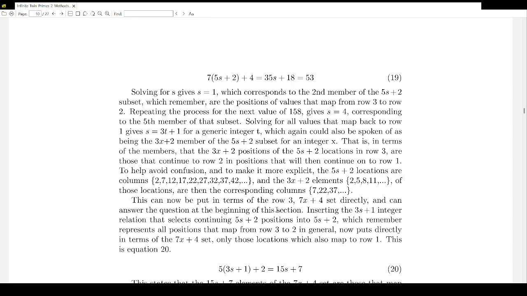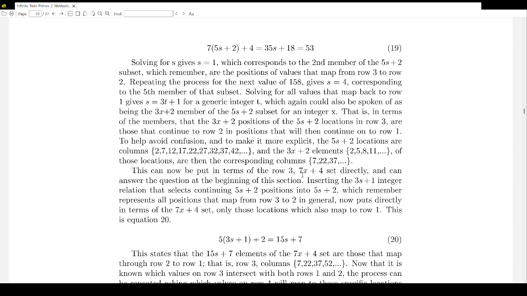So this can now be put in terms of the row 3, 7x plus 4 set directly, and can answer that question at the beginning of this section. Inserting the 3s plus 1 integer relations that select continuing 5s plus 2 positions into 5s plus 2, which remember represents all the positions that map from row 3 to row 2 in general, now puts directly in terms of the 7x plus 4 set only those locations which also map to row 1.